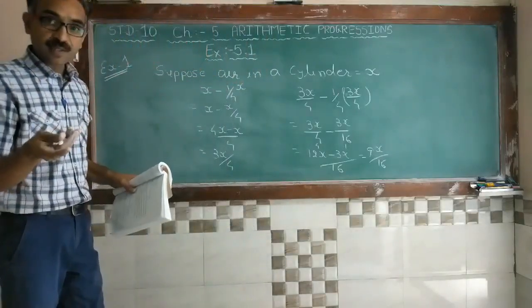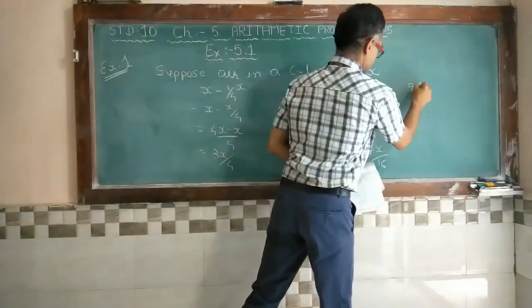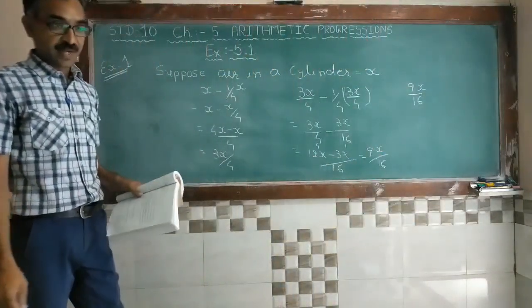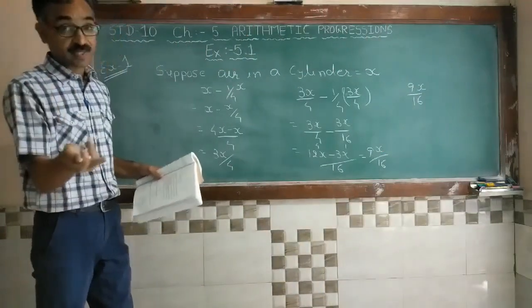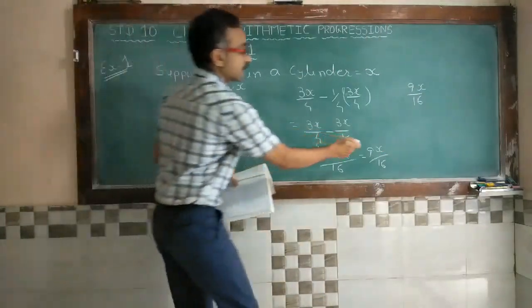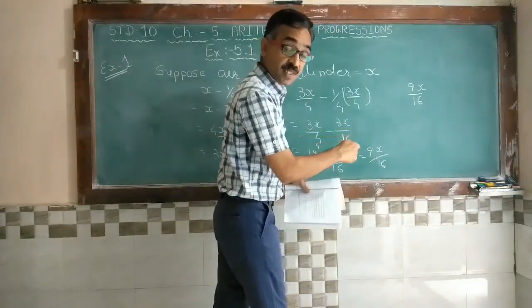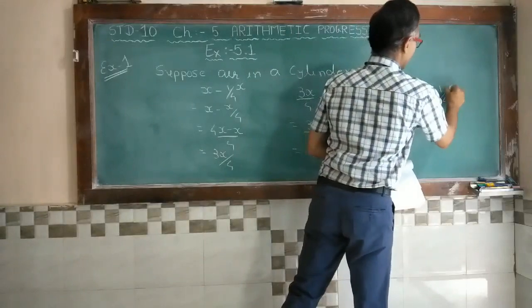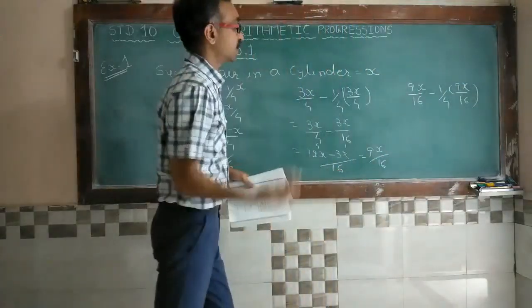Now again the fourth term. See, the air is 9x upon 16 in the cylinder. Now we are removing 1/4 of it. What is it? 9x upon 16. इतनी एयर थी हमारे सिलेंडर में, इसकी 1/4 हम निकाल देते हैं. That means 1/4 of 9x divided by 16. Okay.